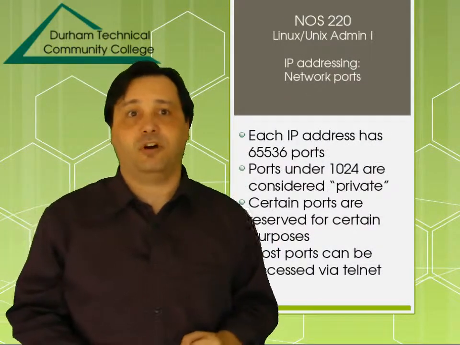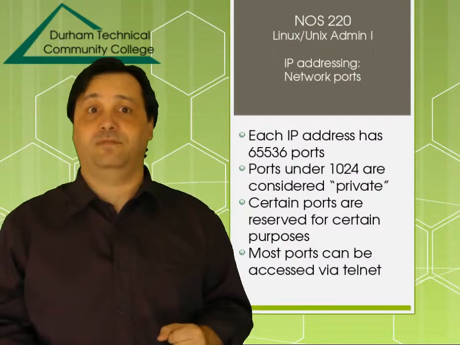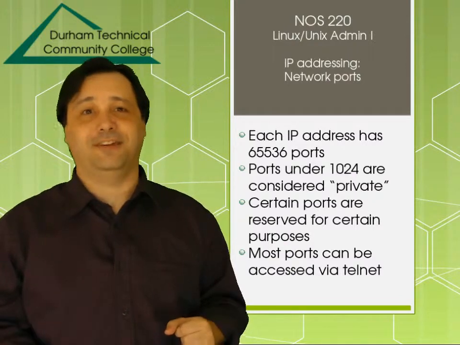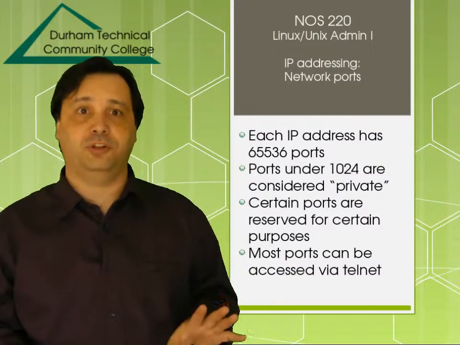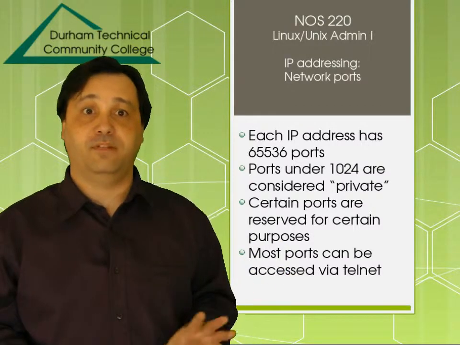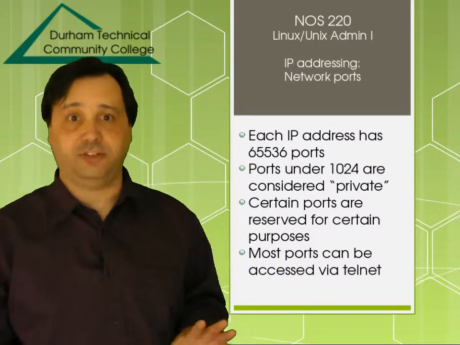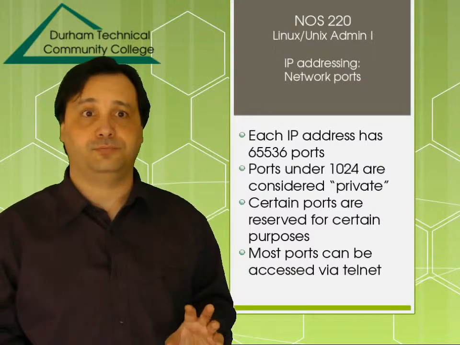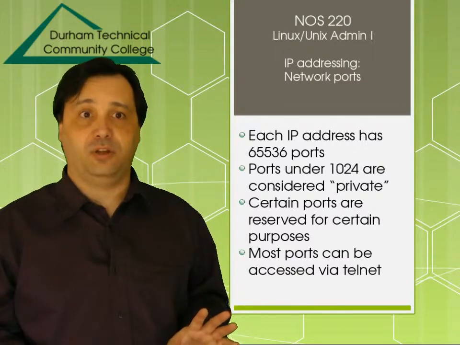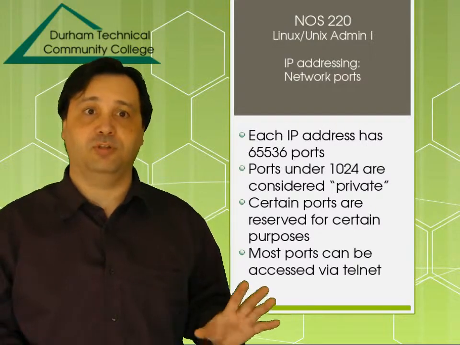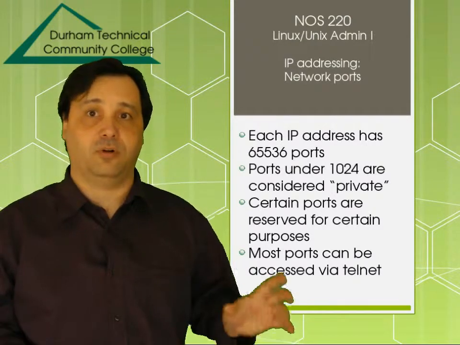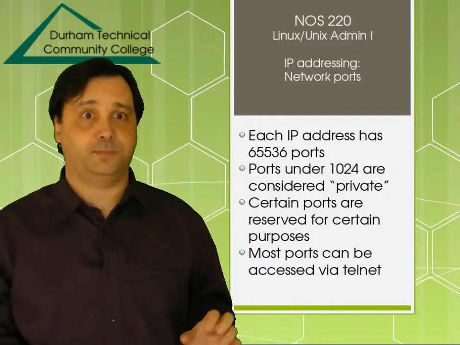Each IP address also has 65,536 ports. A port is usually used for a single connection, and various server processes attach themselves to certain ports. Ports beneath 1024 are considered privileged ports and are usually reserved for a particular server or process.